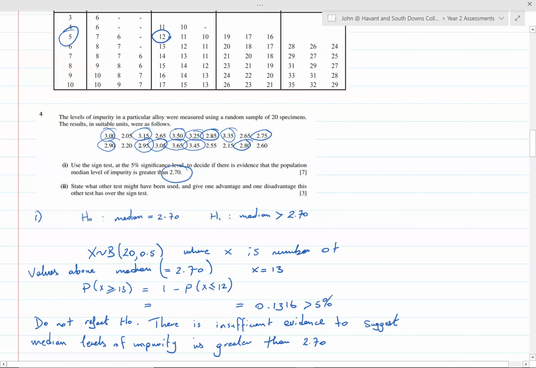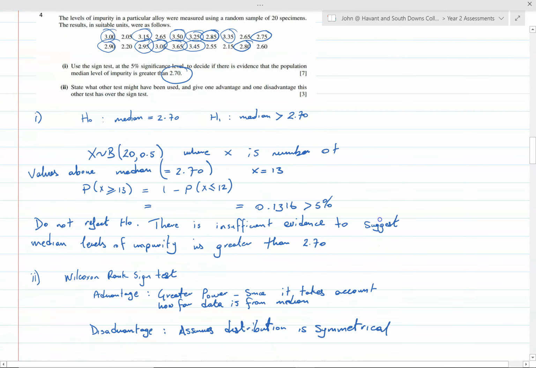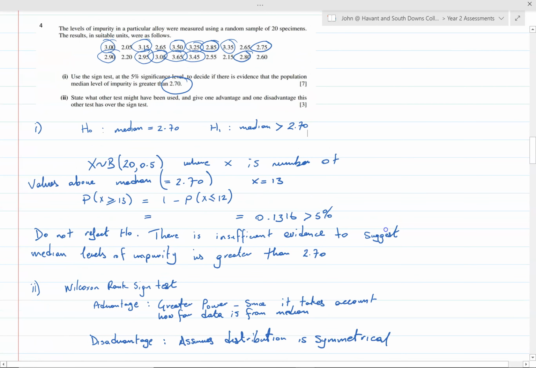I think I must have put this question in mainly because of this. Can't stress it enough: what other tests might have been used, and give one advantage and one disadvantage. Whenever we use a sign test, we should consider whether a Wilcoxon signed rank test will also be a better bet, because they do the same thing.